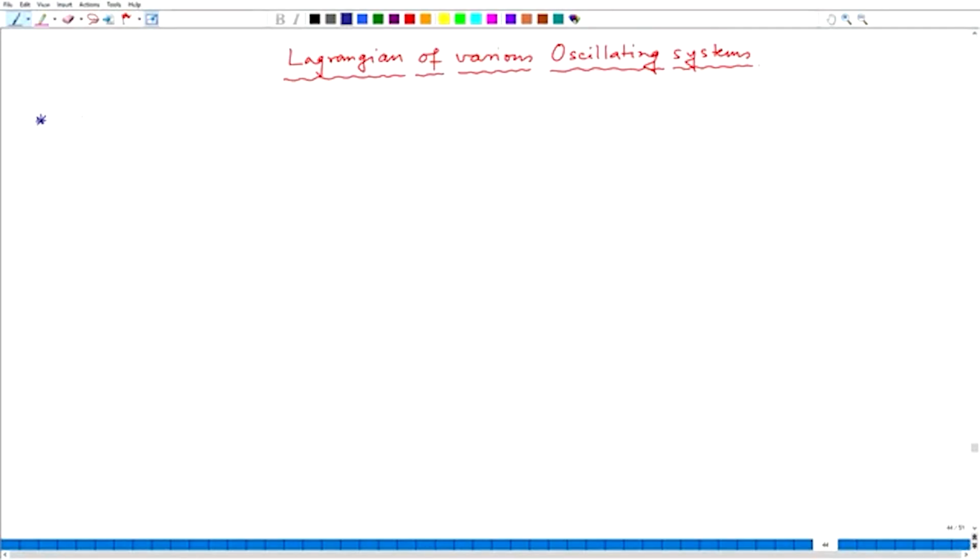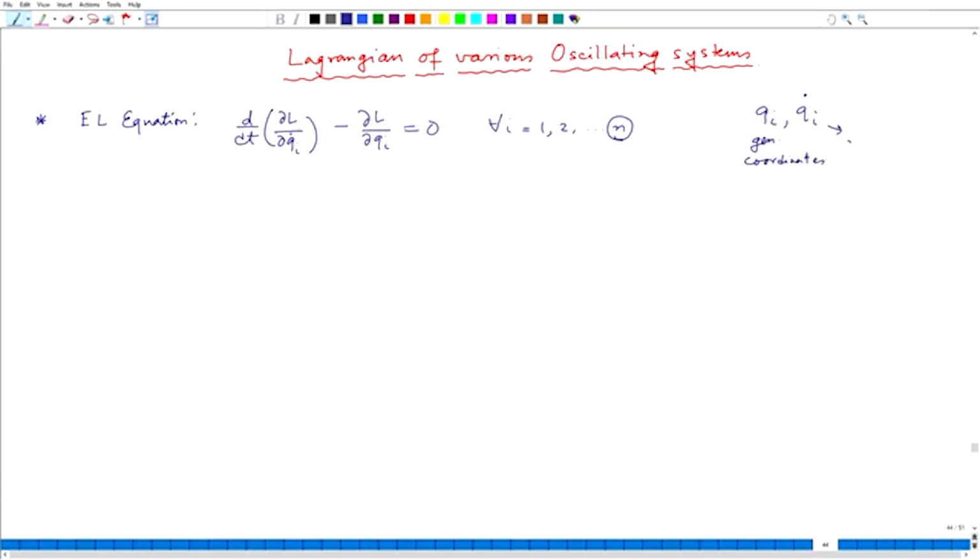If you remember, we derived the Euler-Lagrange equation, which is given by d/dt of ∂L/∂q_i dot minus ∂L/∂q_i is equal to 0 for all i running from 1 to n, where n is the number of generalized coordinates, and q_i and q_i dot are simply generalized coordinates and generalized velocities.